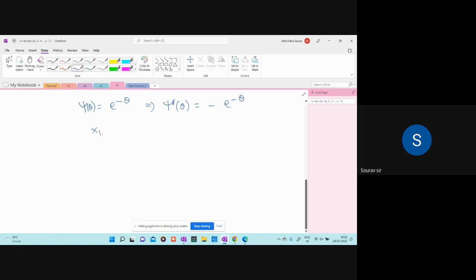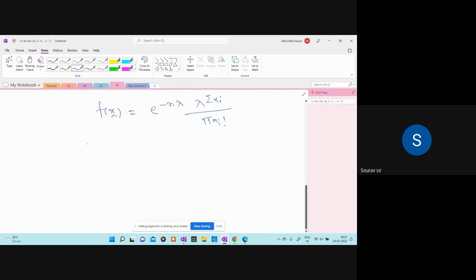They are saying that x1, x2, ..., xn follow Poisson theta. So what will be my joint PMF f of x curl? e to the power minus n lambda, lambda to the power summation xi, by product over xi factorial, right? This is my joint PMF.